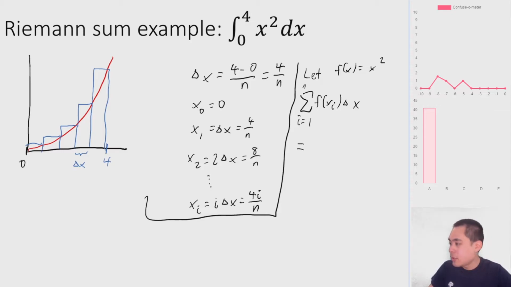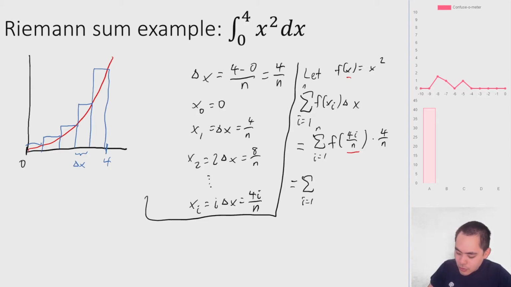So that's equal to the sum from i equals 1 to n of f of 4i over n times 4 over n, because it's the size of the slice, right? When you substitute 4i over n in for x in x squared, you end up getting a sum from i equals 1 to n of 4i over n squared.